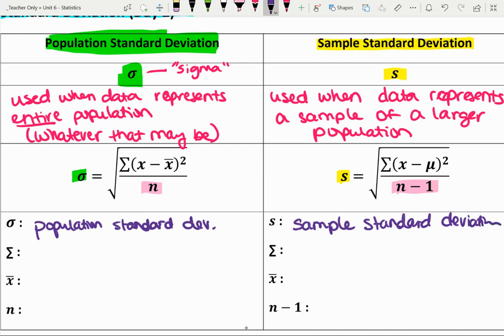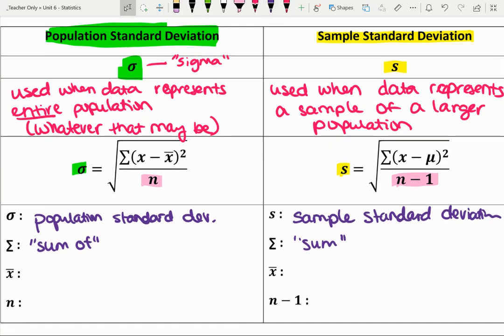In both of them, this uppercase sigma represents the sum of. It's actually the uppercase letter of this little guy here, so lowercase and uppercase sigma. In this case, it represents the sum of the squares of the differences between the mean, that X bar, and the actual data values.